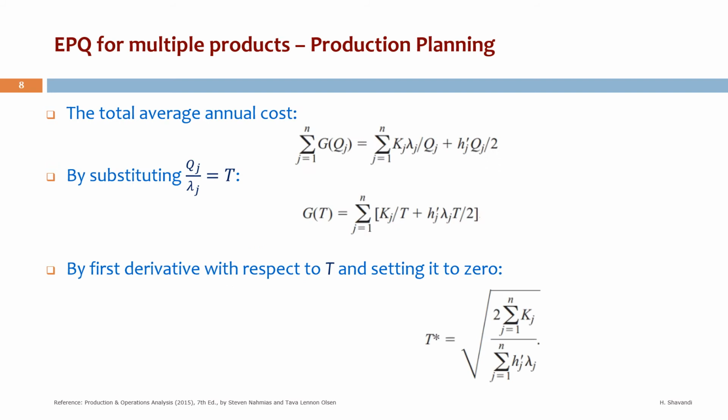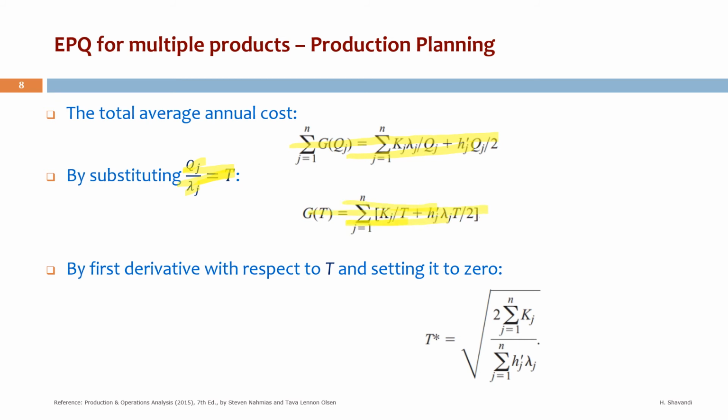In the average cost function for the inventory system, we know that Qj divided by lambda j is T, the cycle time. So if we replace Qj over lambda j by T, then we will have this function.